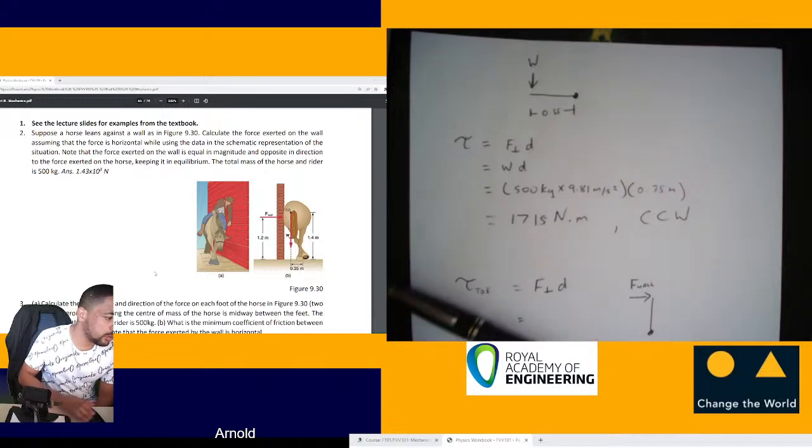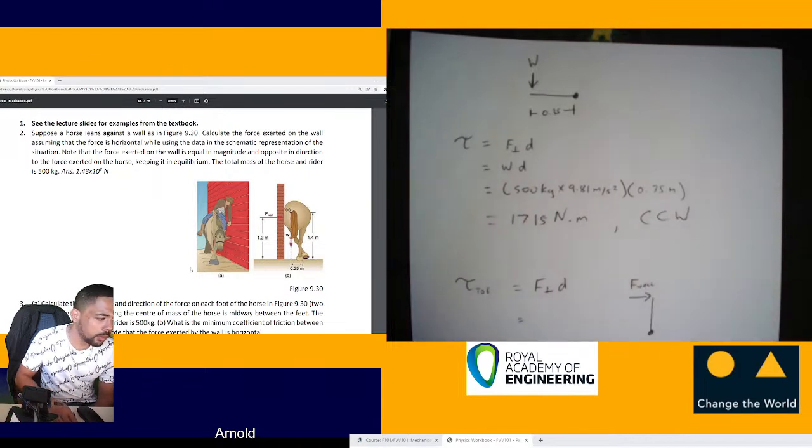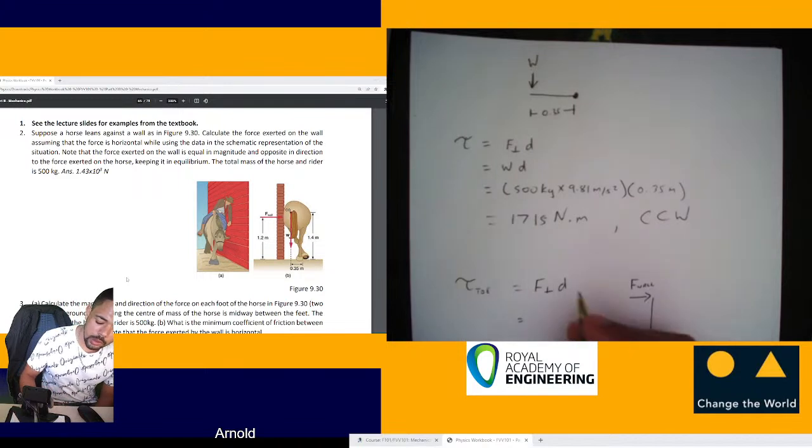That is how you, where F is the force of the wall, which is going to have a clockwise torque.